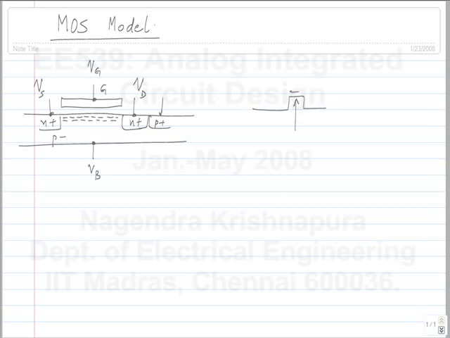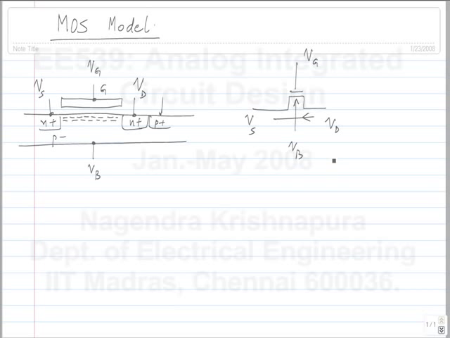So, this is the symbol. If I keep increasing the value of Vg, at some point the inversion will be formed, and that point is known as the threshold. And if Vd is greater than Vs, current will flow in this direction, and if Vd is less than Vs, it will flow in the opposite direction.